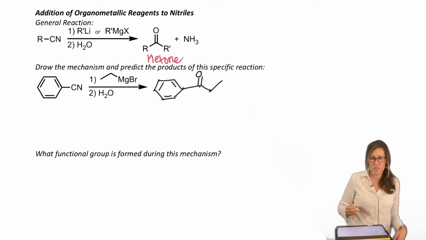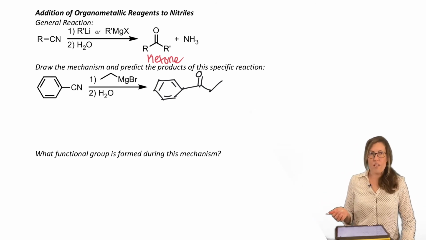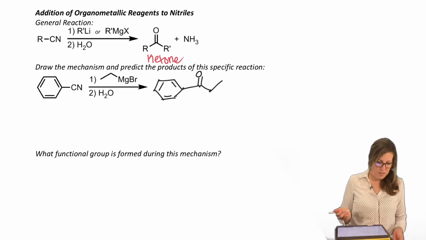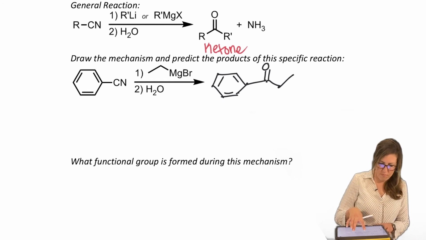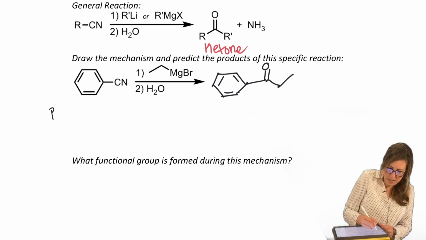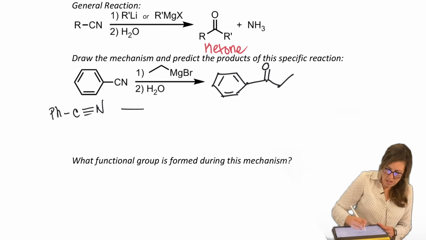So ketone, can we show that so that we can predict that? Yes, we can. So let's show that mechanism. All right, once again, I'm going to draw this out, the whole Lewis structure, and I'll put our Grignard reagent.